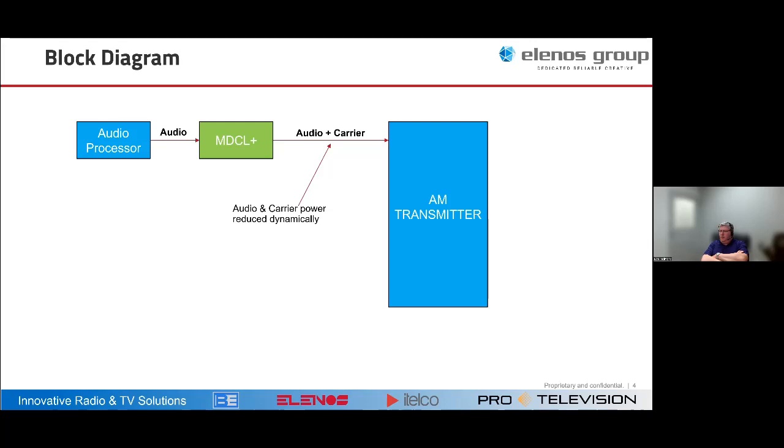But it should be noted that you have to have good, loud, dense audio to get the maximum benefit of MDCL. If you're not running dense audio, you won't be able to have as aggressive savings. We've had a couple of instances where people were complaining about fringe area problems and replaced their audio processing, and the complaints went away. Yeah, for sure.